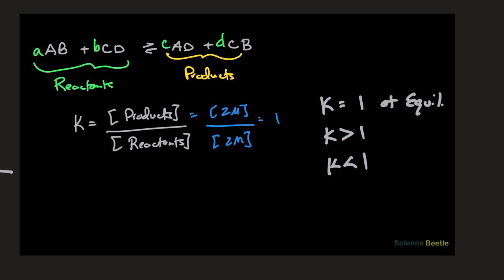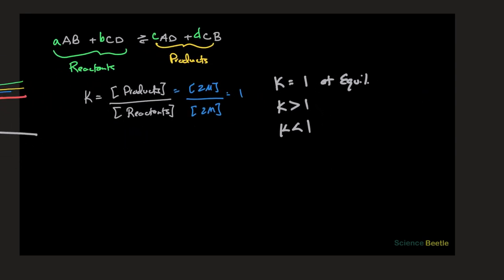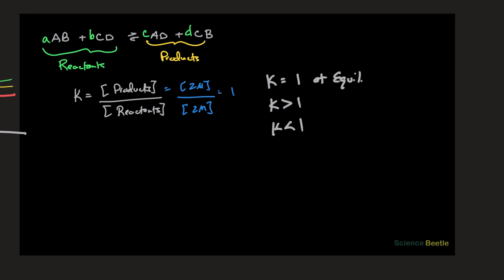For example, just to illustrate this point, and let me zoom out a little bit here, when K is greater than 1, let's say a concentration of 3 molar for the products, and we're going to divide that by a concentration of 1 molar for the reactants. If we do the math, the value of K is going to be 3. So this value is definitely consistent with K greater than 1.